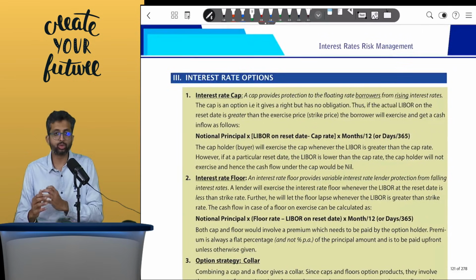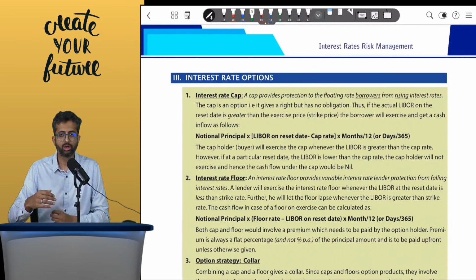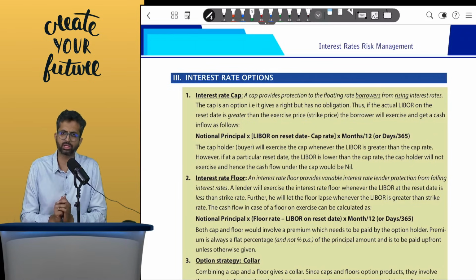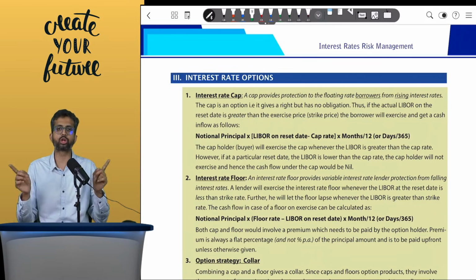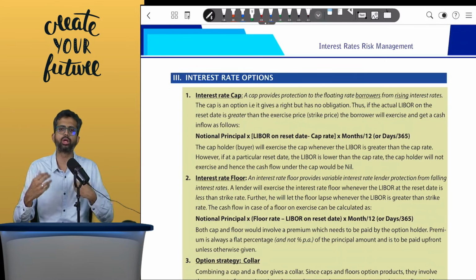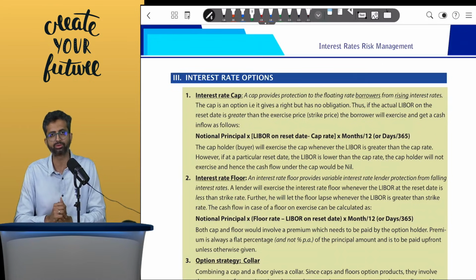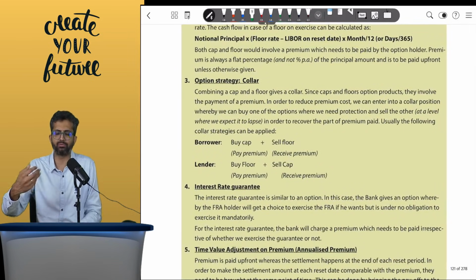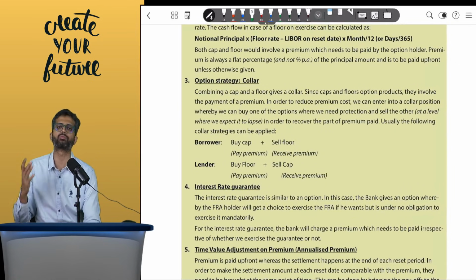Then you go to interest rate options, where there is a cap which is typically taken by the borrower, which caps the interest rate, a floor which is taken by the lender for the minimum interest rate in case of a floating rate, and a collar which is a combination of cap and floor in order to minimize the transaction cost. There can also be an interest rate guarantee where someone is providing you a guarantee in return for a premium.